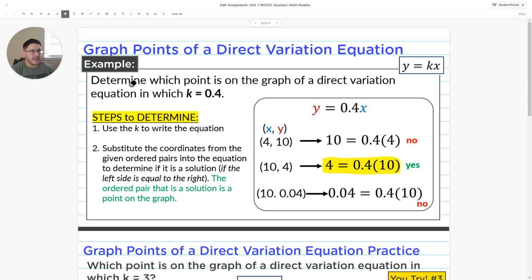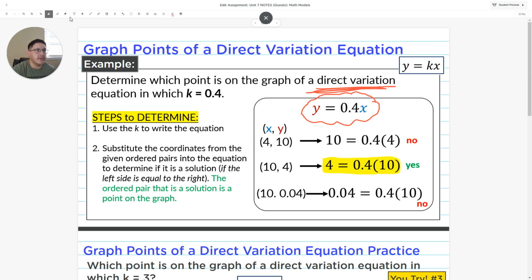For this example, determine which point is on the graph of a direct variation equation in which k equals 0.4. So if we know what k equals, then we know that for a direct variation equation, for y equals kx, the equation will be y equals 0.4x.